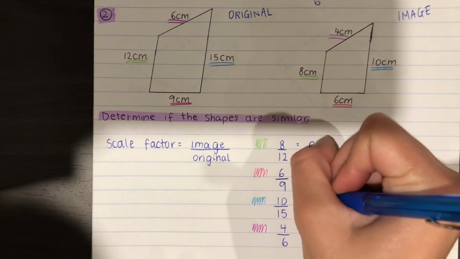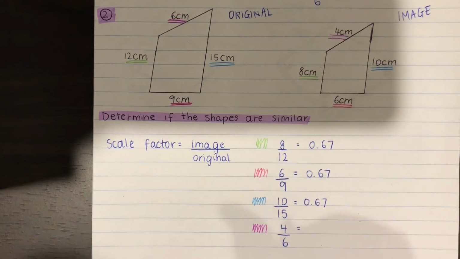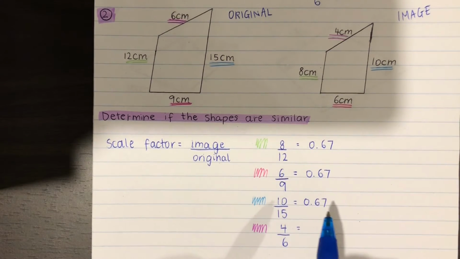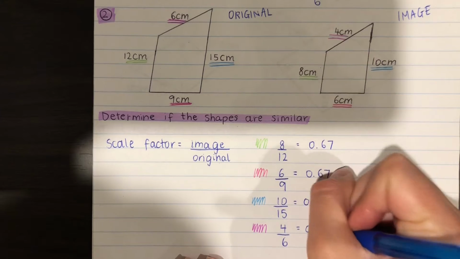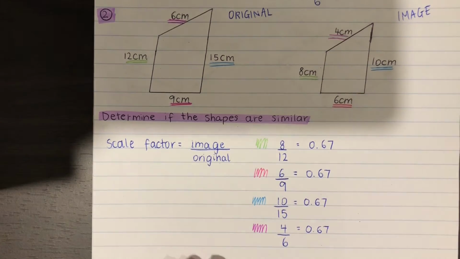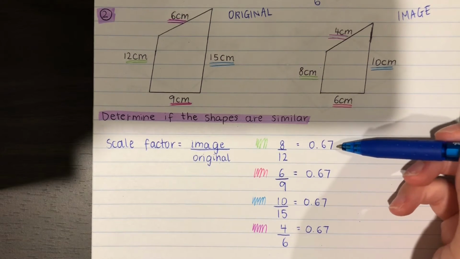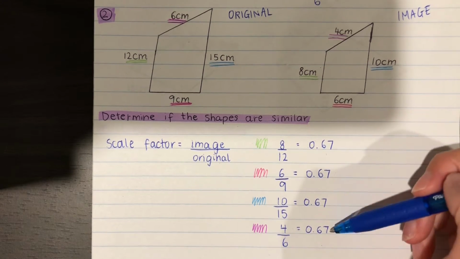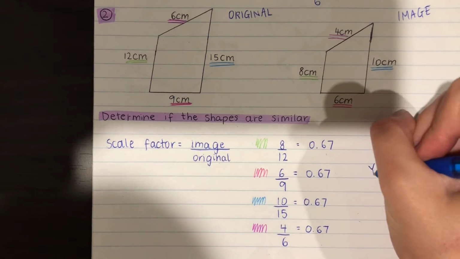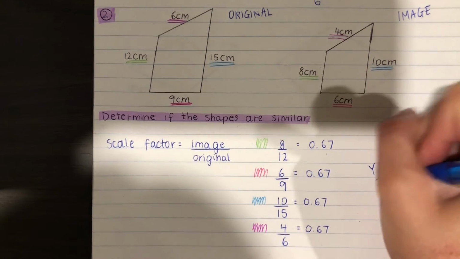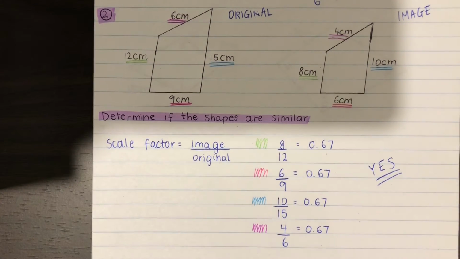That also becomes 0.67. To get these decimals, you can just put them in your calculator. And lastly, for purple, we have 4 over 6, which also gives us 0.67. Because all of these answers equal 0.67, you can say that these figures are similar.